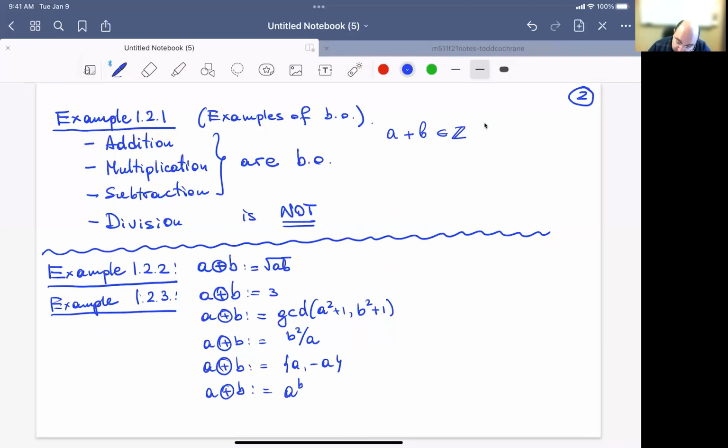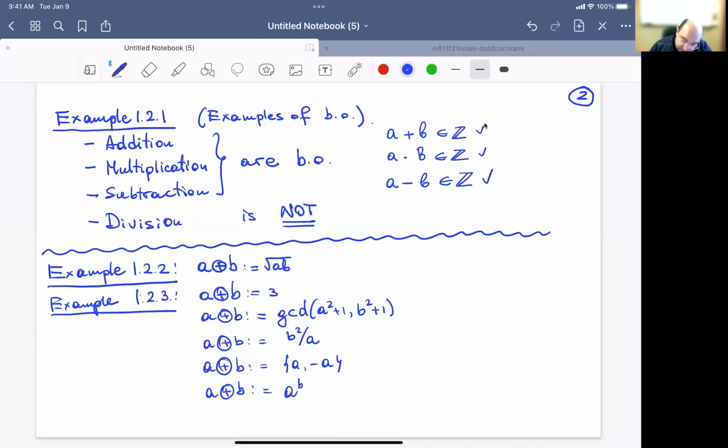Similarly, for multiplication, if you take any two integers a and b, then their product is again an integer, so multiplication is a binary operation. And similarly for subtraction: whenever a and b are integers, a minus b is also an integer, so subtraction is a binary operation.